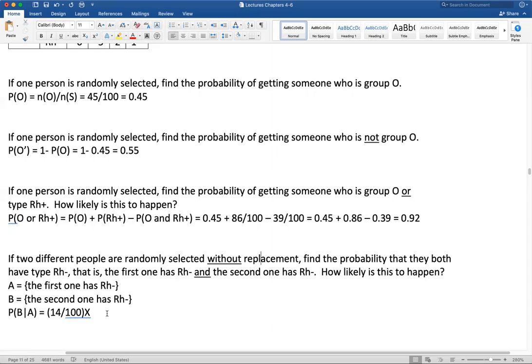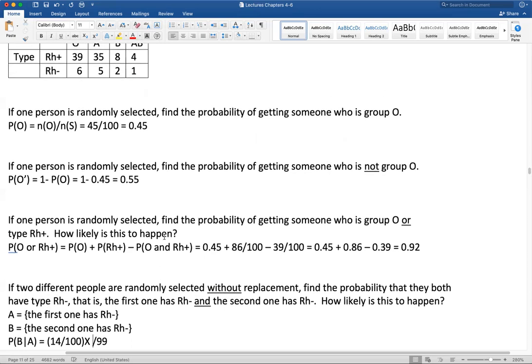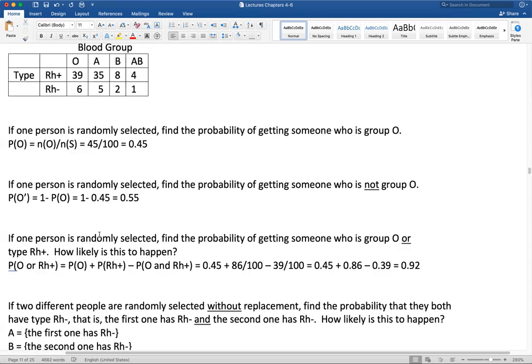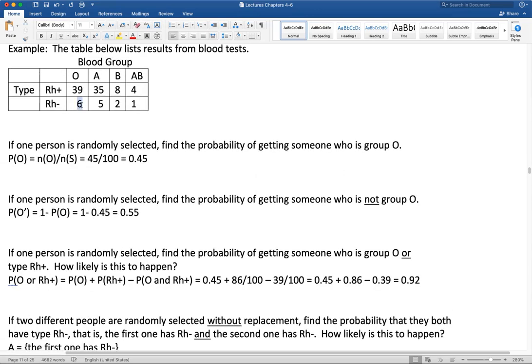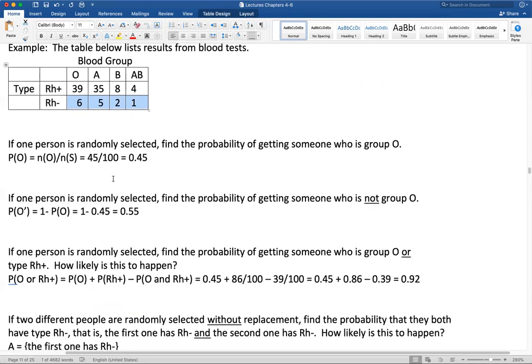Now the next one. Since the first trial already occurred, the total number of outcomes in the sample space is reduced to 99. So something over 99, right? And since event A has already occurred, the number of people whose blood type is Rh minus is reduced by one, to 13.